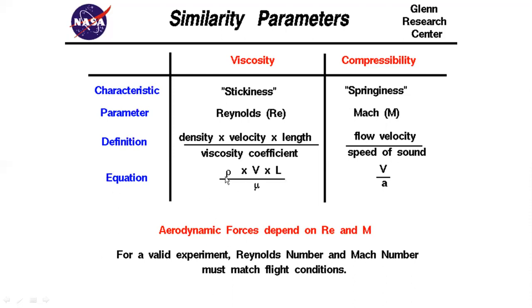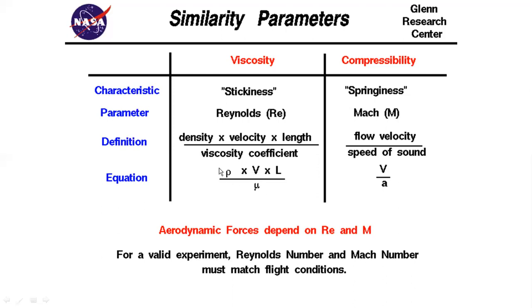Look at the equation. Reynolds number equals rho, the density of air, times V, the velocity of air, times L, a geometrical parameter: length of aircraft, chord of wing, diameter of fuselage, and so on. This is in meters. Divided by the viscosity coefficient, mu.